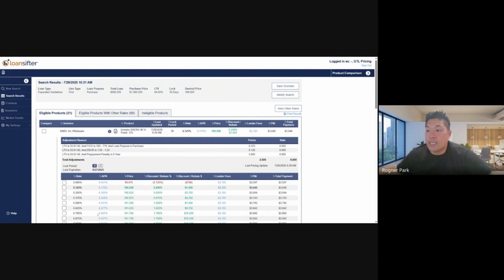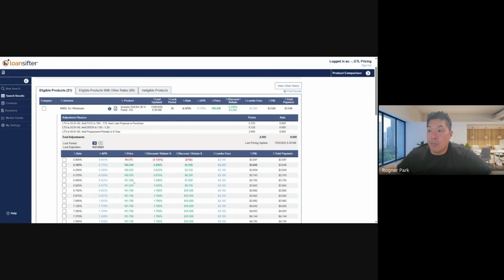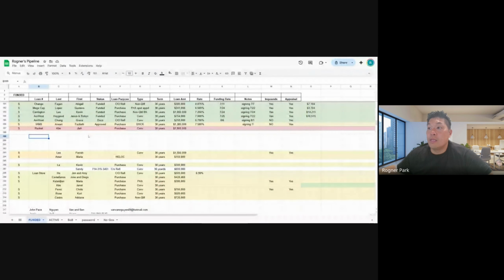So you can sell it right here and make 1 point or 1.5. Let's just say you make a 1.25 at 6.5, right? You go back to this, and now you're selling at 6.5, and your payment's a little bit better, right?